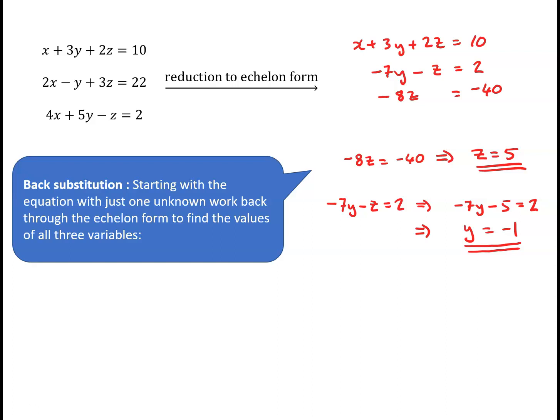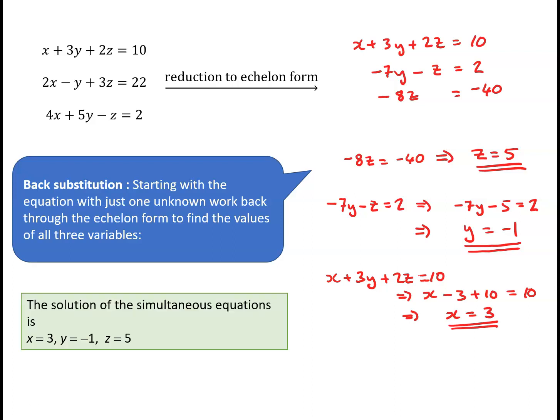And then substituting these values into the first equation, we've now got x plus 3y plus 2z equals 10, which becomes x minus 3 plus 10 must equal 10. So x must equal 3. So we've got the solution of the simultaneous equations is x equals 3, y equals minus 1, z equals 5.